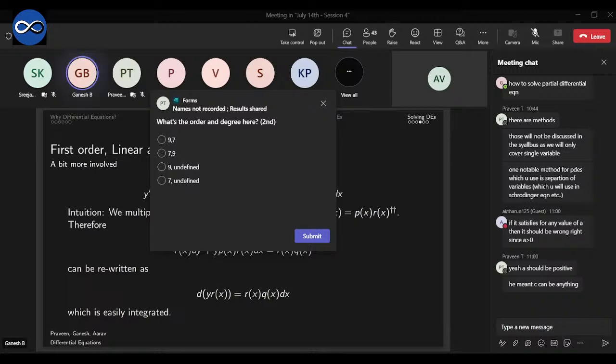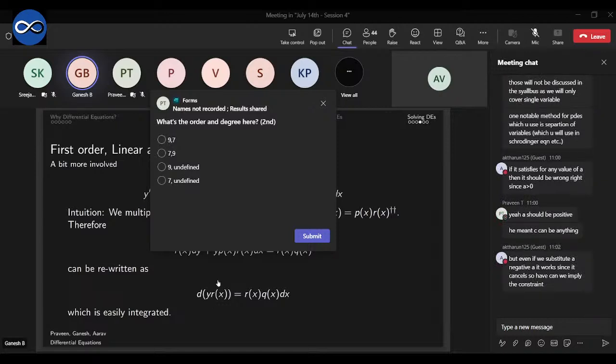So our goal is to multiply with such an r of x so that the LHS of this equation turns into d of something. This is actually something called exactness, which you don't have to worry about much, and I will talk about it a little at the end.